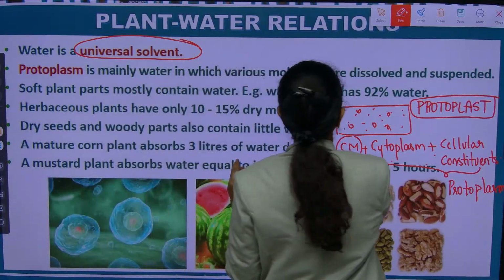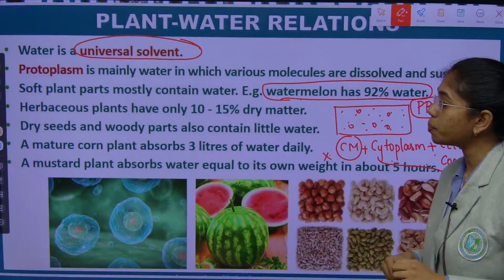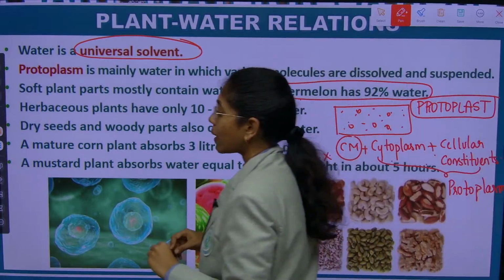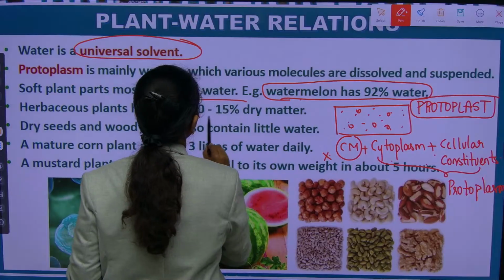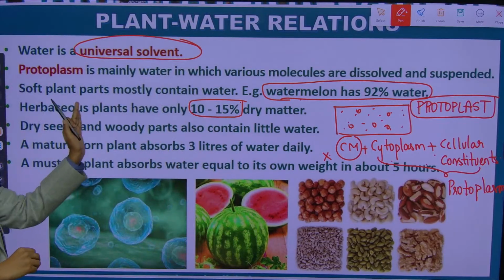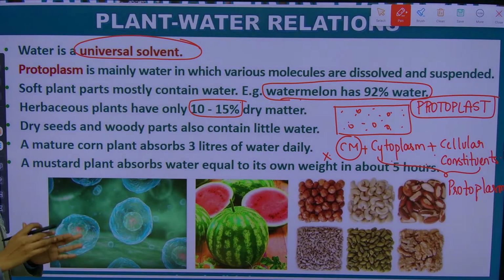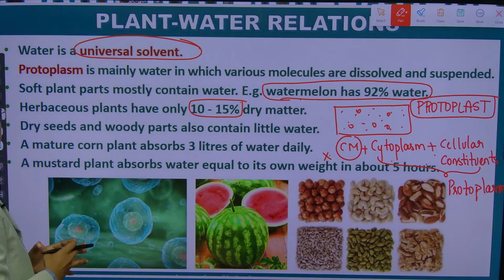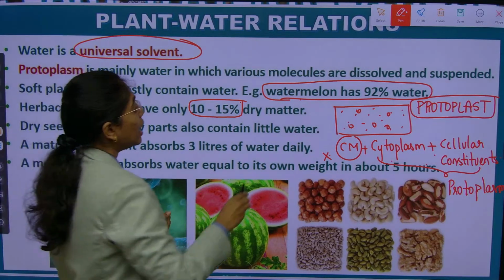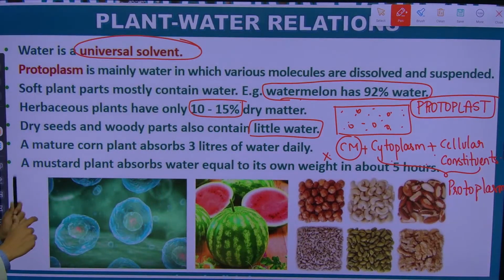Watermelon has 92% of water in it, and herbaceous plants have only 10 to 15% of dry matter, which means the rest is completely water. Dry seeds and woody parts also contain little water.